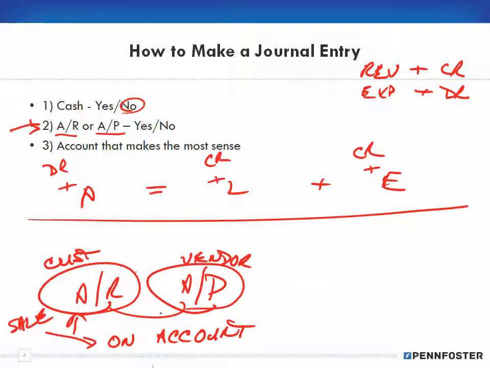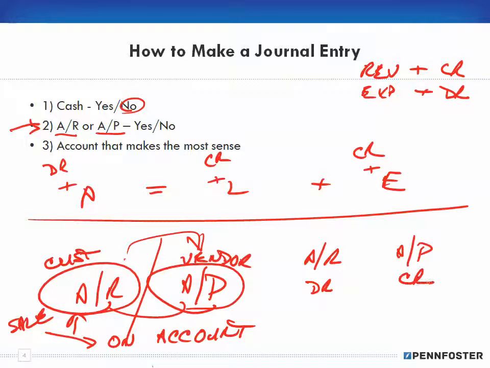Notice that these are two sides of the same coin. If you know how to do one, you do just the opposite for the other. If you know that accounts receivable should have a debit, then it's just the opposite for accounts payable, which is a credit. Let's say a company is buying something from you.